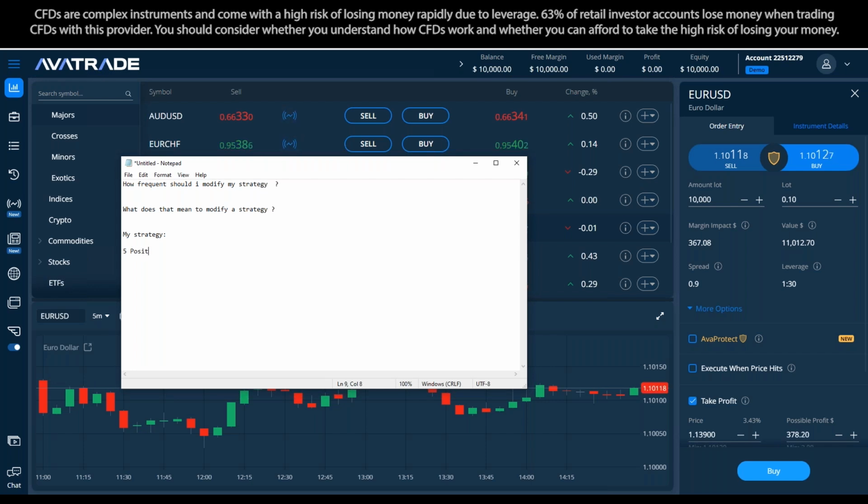Let's say 5 positions, weekly ROI. Let's go with 5% a week. Again, this is an example, guys. Everybody can put their own numbers. It's not even numbers that I'm always using. It's just an example. Let's extend it a little bit.